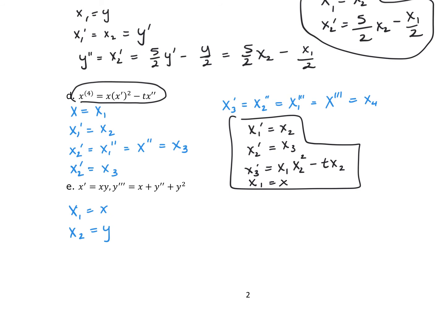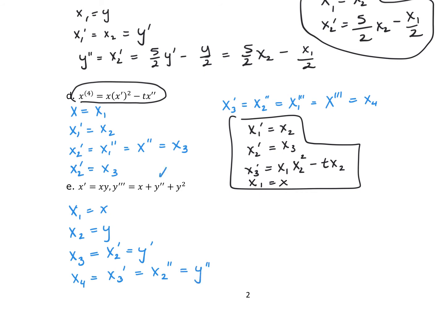And then I have x sub 3. A good choice for that would be x sub 2 prime, which is y prime. And then I have x sub 4, which is equal to x sub 3 prime, which is equal to x sub 2 double prime, which is equal to y double prime.